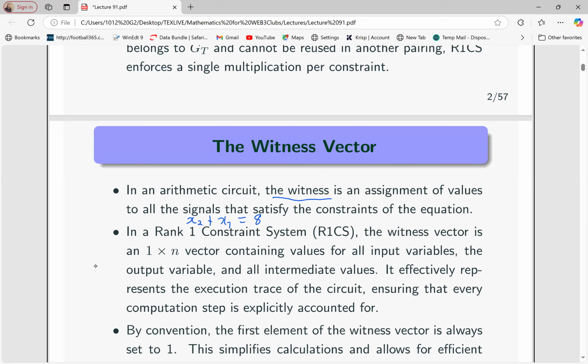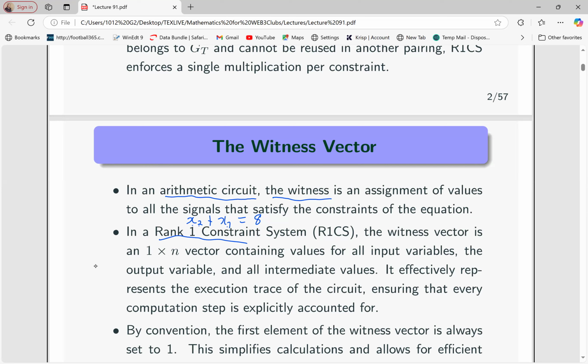X2 and X1 are witnesses as far as the arithmetic circuit is concerned. But when we come to rank 1 constraint, we need to know what a witness is. These could be part of the witness, but they are not the only witnesses.